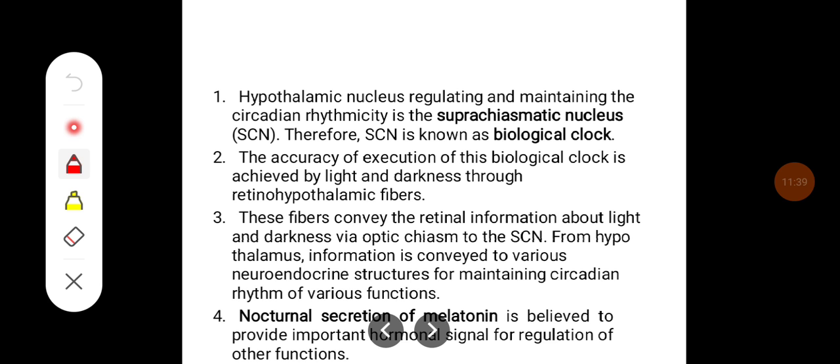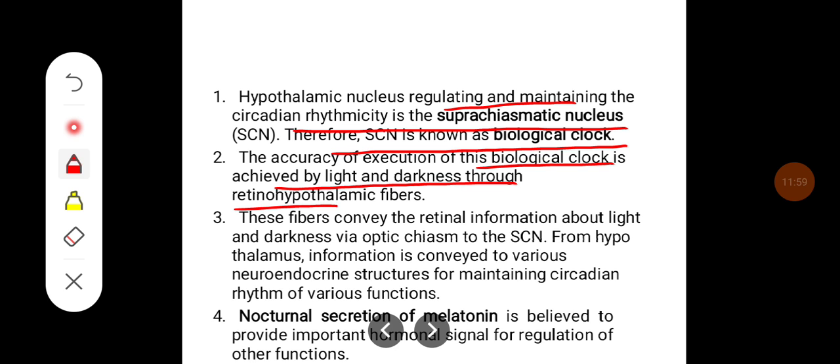Hypothalamic nucleus regulating and maintaining the circadian rhythm is suprachiasmatic nucleus. Therefore, the suprachiasmatic nucleus is also known as biological clock. The accuracy of execution of this biological clock is achieved by light and darkness through retinohypothalamic fibers.